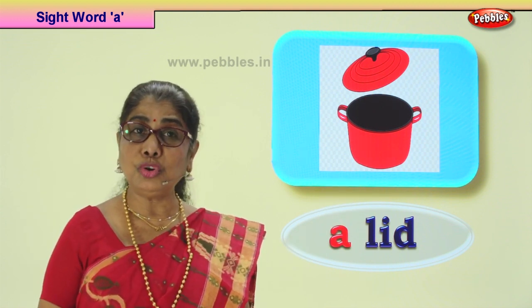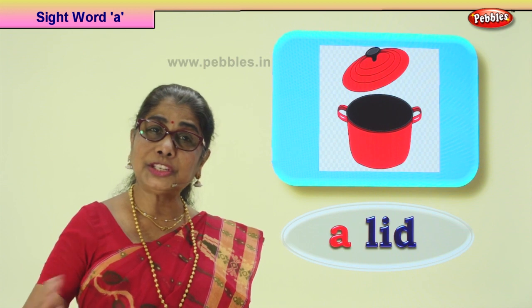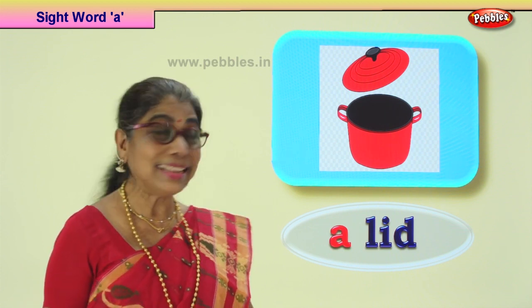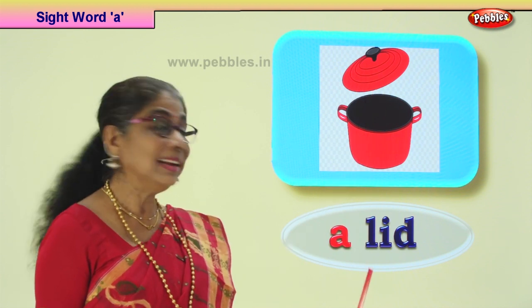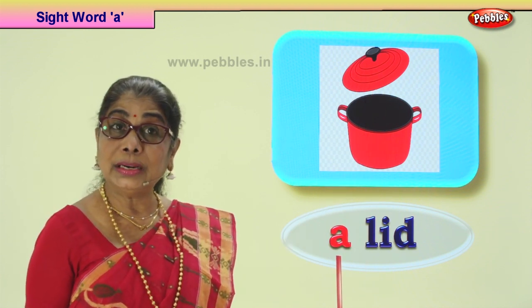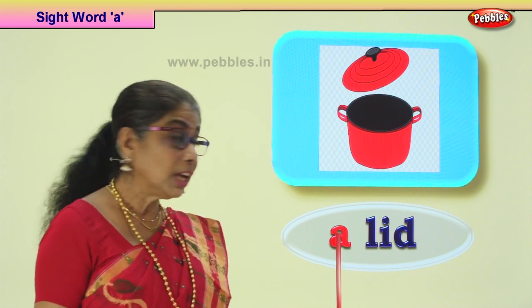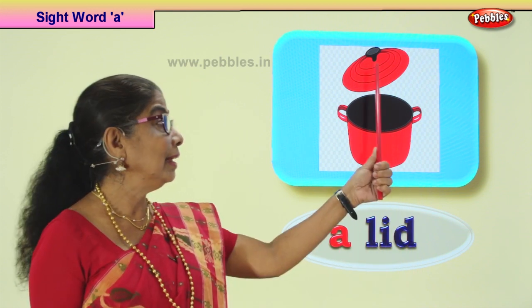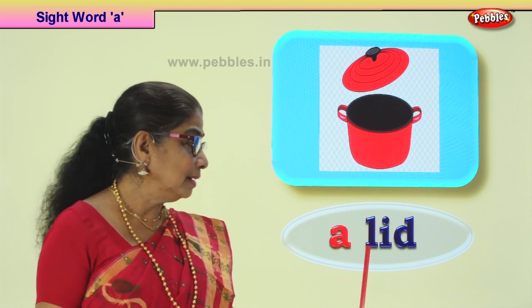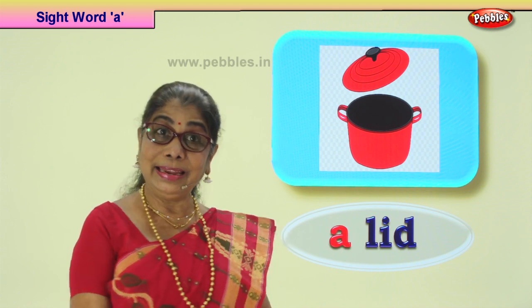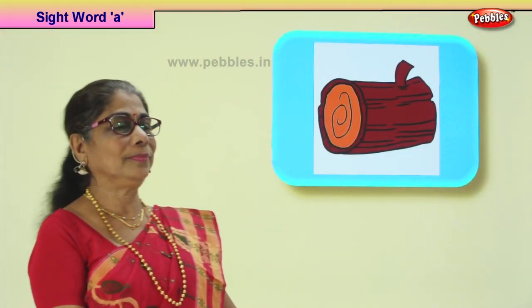Mummy makes food, she puts it on the table, she puts the lid to keep it warm. Yes, this is the lid. Sight word, read, a lid. A lid. Good. Let's take our next picture.